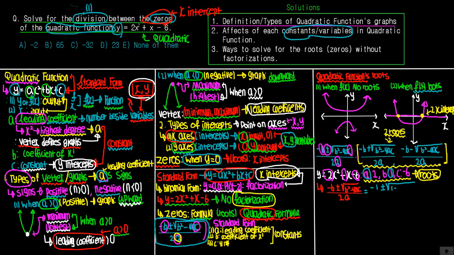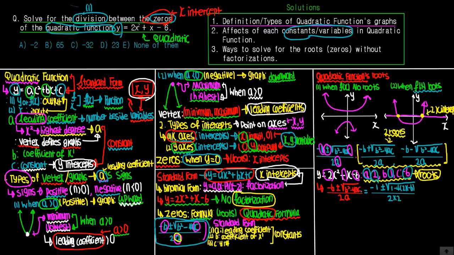So negative 4 times 2, which is negative 8, and times c, which is negative 6. So it will be negative 4 times our a value, which is 2, times negative 6. And all of them over, in the denominator, we need to deal with 2 times a, and our a value is 2, so 2 times 2.